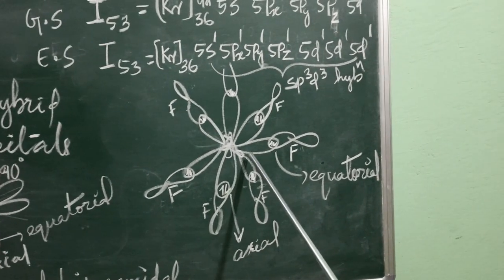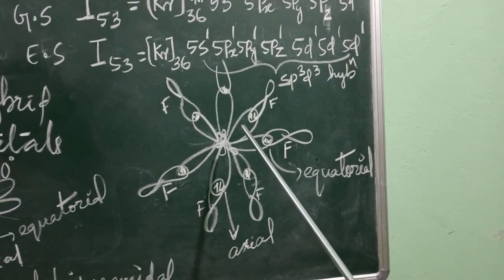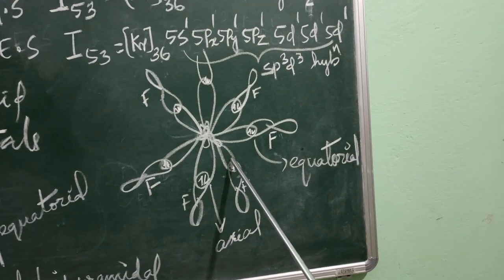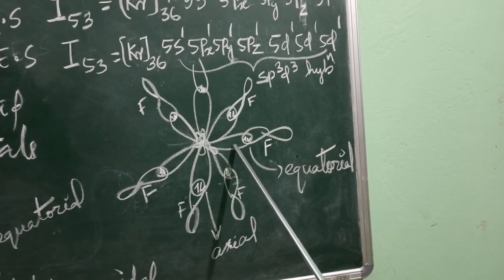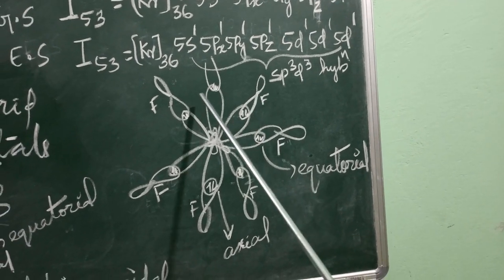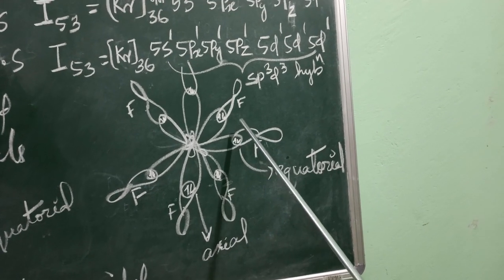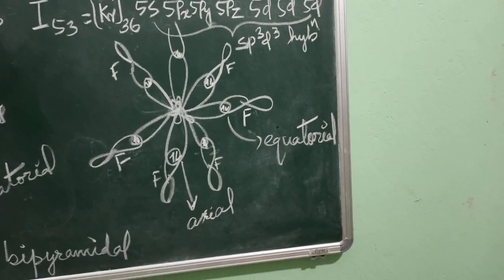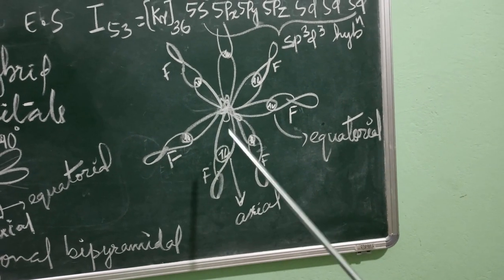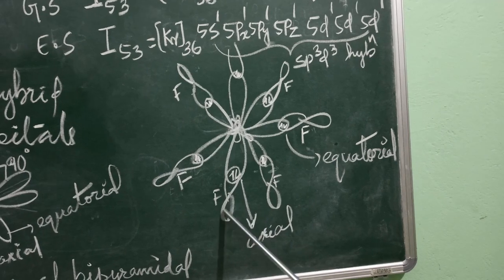Similarly, you see what happened in iodine heptafluoride. In the equatorial plane, these 5 sp3d3 hybrid orbitals overlap head-on with the p orbitals of fluorine, making sp3d3-p sigma bonds, and here the rest 2 sp3d3 hybrid orbitals overlap head-on with the p orbital of fluorine.